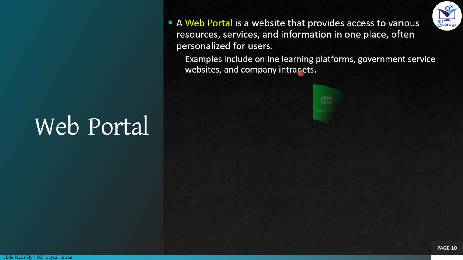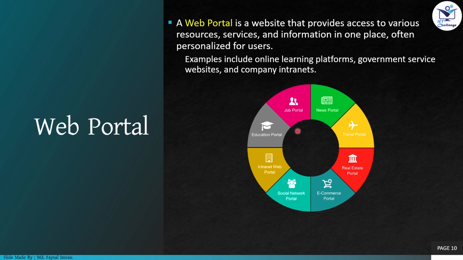Okay, for example, we have a web portal like the Bangladesh government web portal. Here you have the job portal, news portal, travel portal, real estate, e-commerce, social network, and other services available in this web portal. That means if you click on any portal, like the job portal, you will have all the jobs in this portal. If you click on the real estate portal, you will have all the real estate information from this portal.